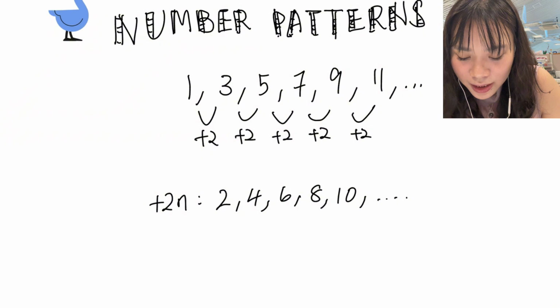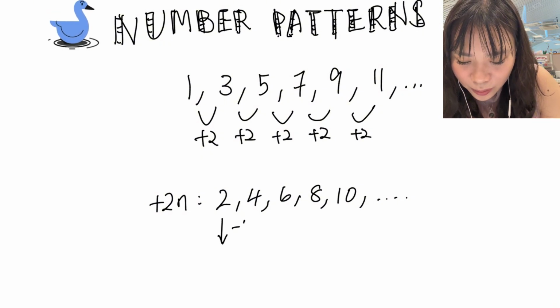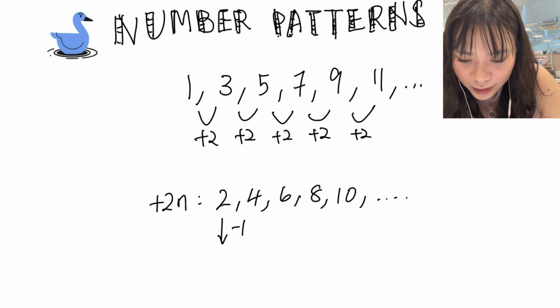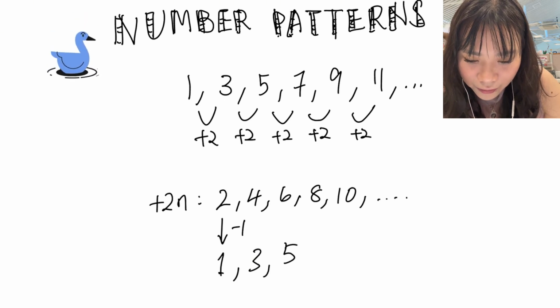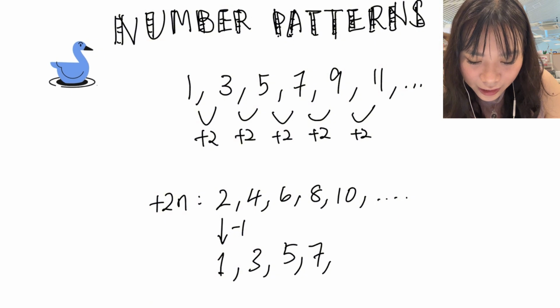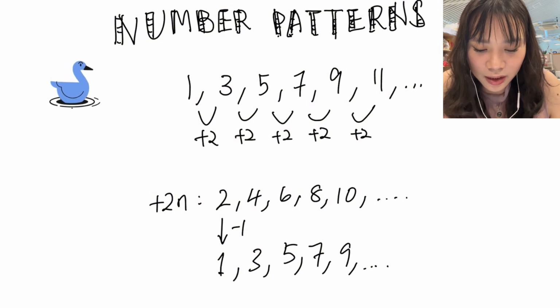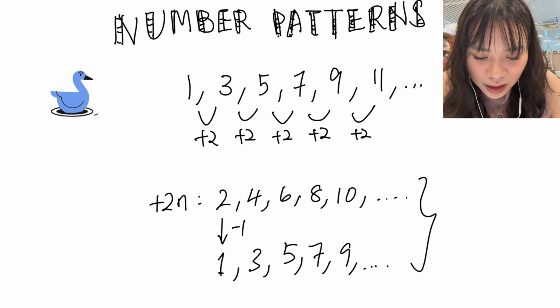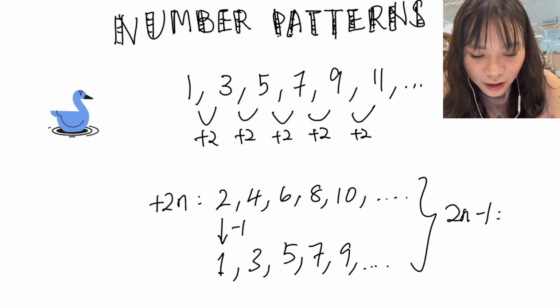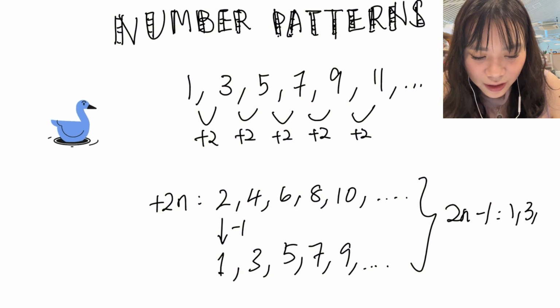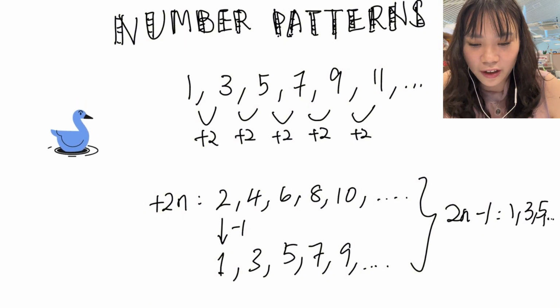When we take away 1 from the 2n sequence, we will get 1, 3, 5, 7, and then 9. So, in other words, the final sequence 2n minus 1 will give me 1, 3, 5, 7, and so on and so forth, right?